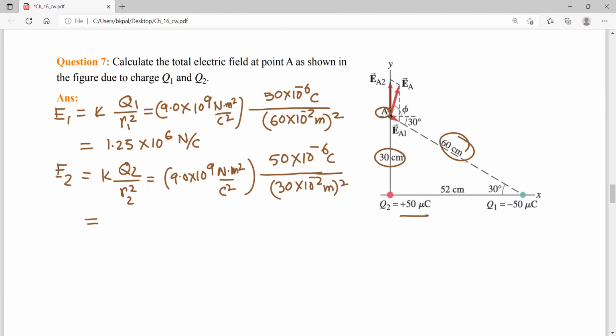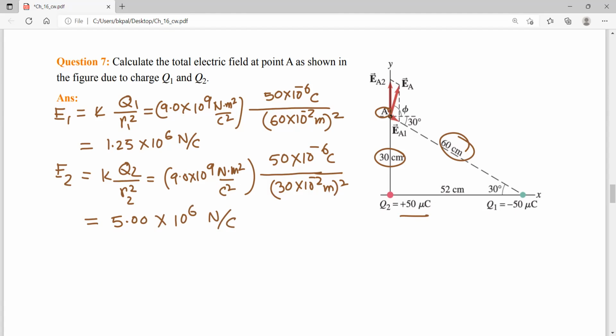So it will be 5 times 10 to the power 6 newton per coulomb. Now here what we get is the magnitude of the electric field.